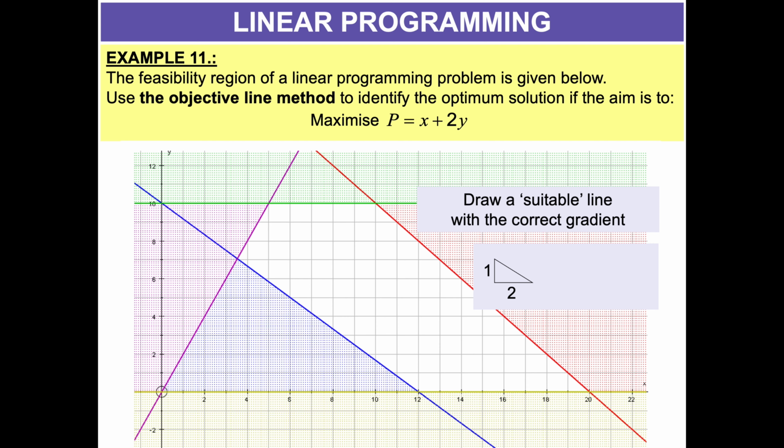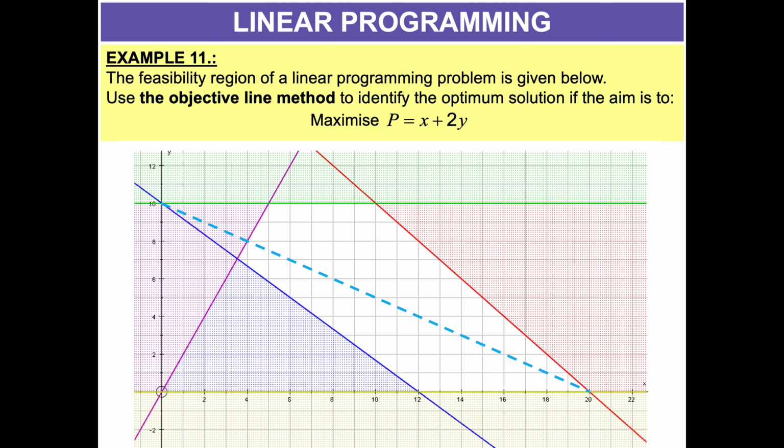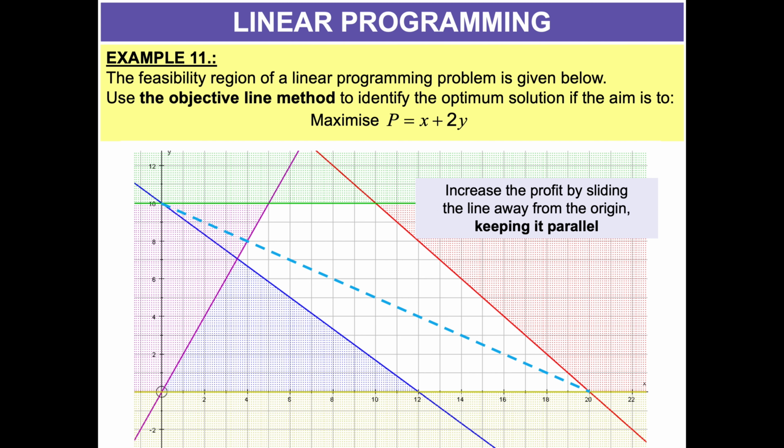Look at the scale: minus 1 over 2 would be too small, but you can use 10 and 20. Then you sketch the line, that's the initial line. Now, because you are maximizing the profit, you take the ruler and move it away from the origin, but be careful that the line stays parallel to the original line that you sketched.